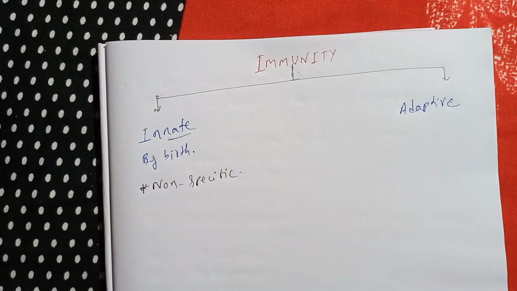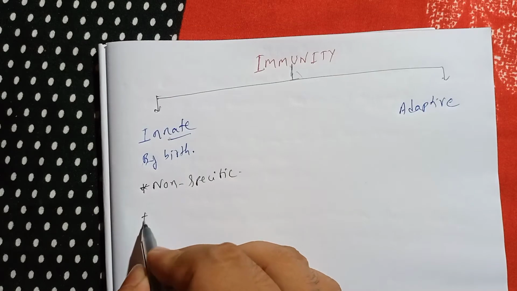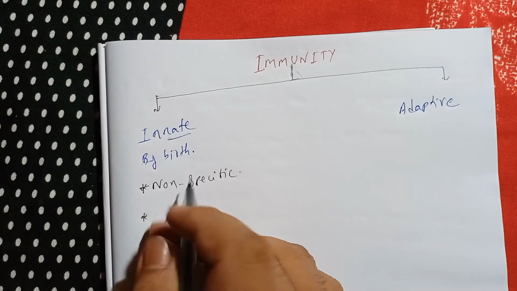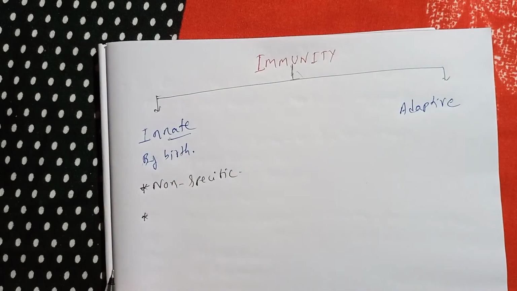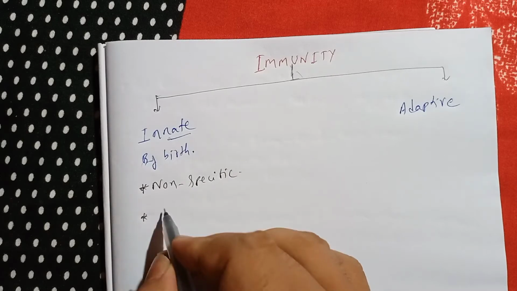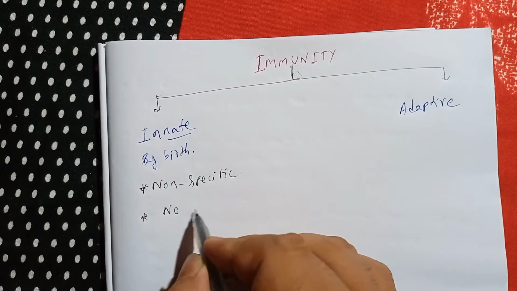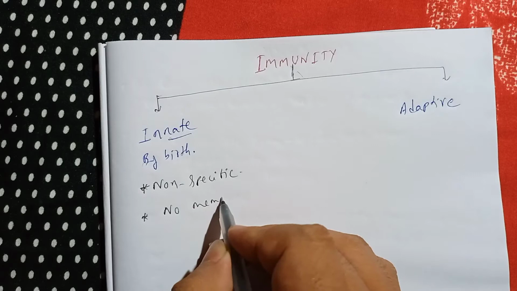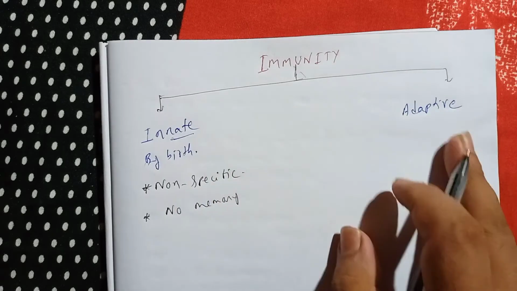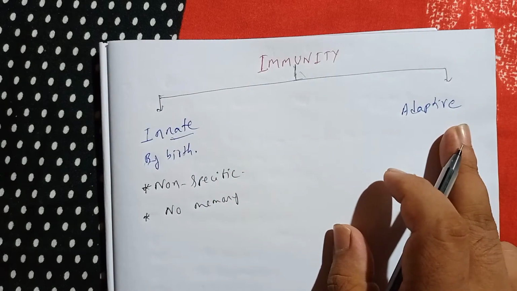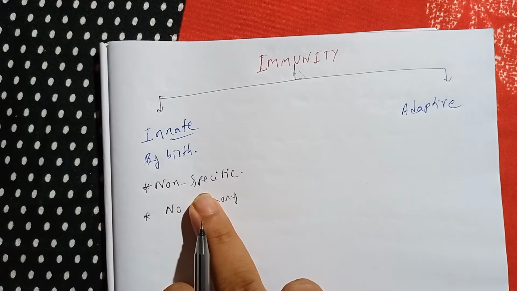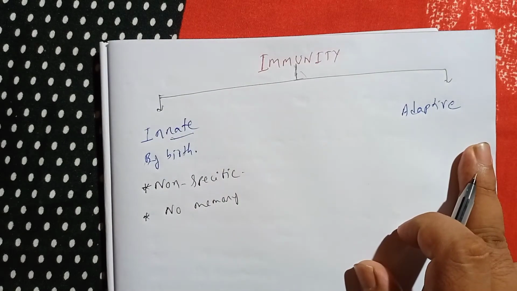Non-specific means they can attack anything, for example if there is bacteria, they will go and attack it. They don't specify any of the organisms out there. Then, they don't have any memory. When I compare and contrast with adaptive immunity, you will understand why they don't have memory and why adaptive immunity does.